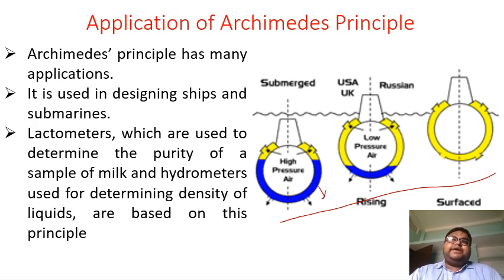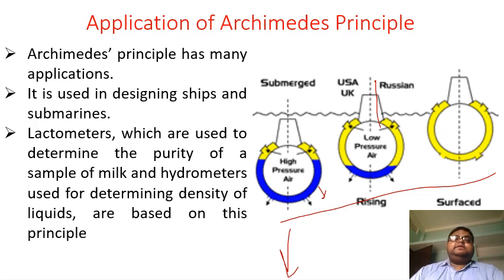So the weight becomes more and the displacement is constant, because the size of the ship does not change. The weight becomes more and the submarine gets submerged. But when it has to surface, it removes water from its ballast tank. Air fills in it and the weight becomes less. As a result, the submarine surfaces.